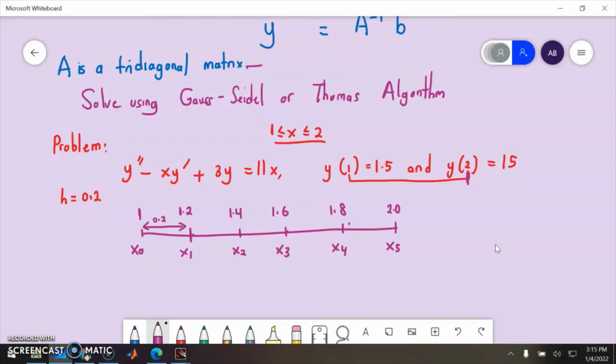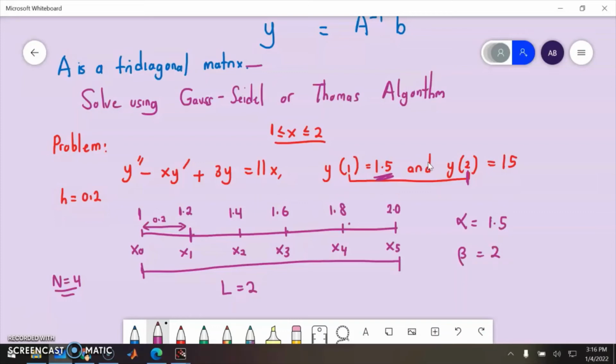My big N is 4. The length, this is my whole length, I'm going to call it L equals 2, N is 4. And then we know alpha is 1.5, and we know our beta is 15.